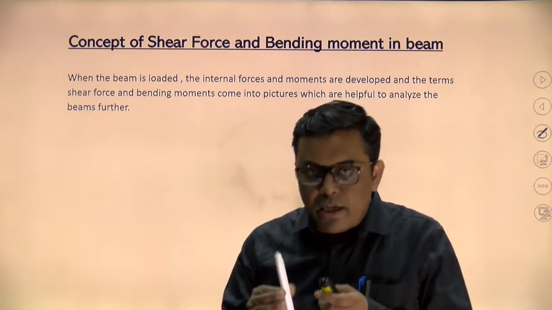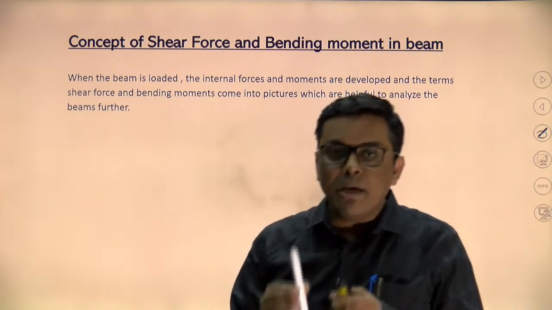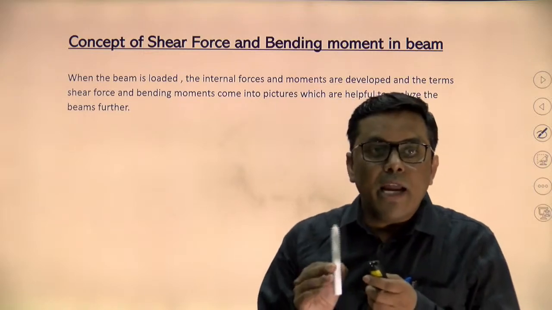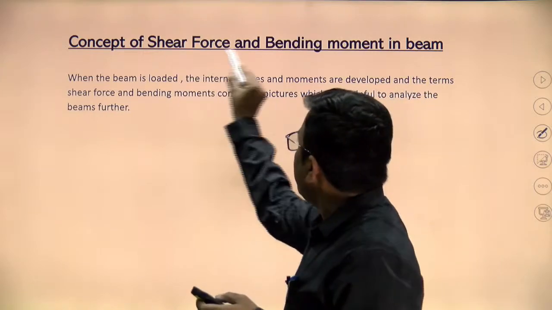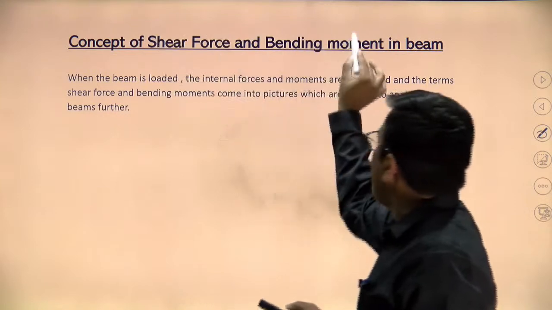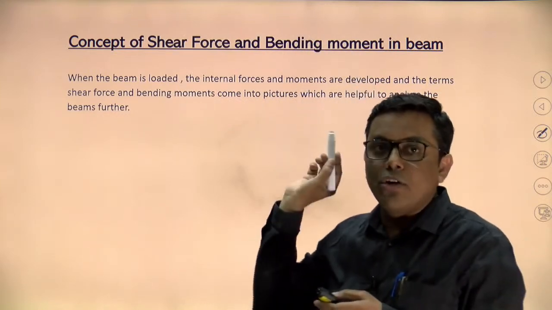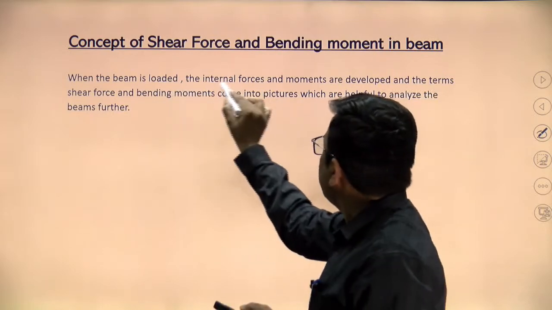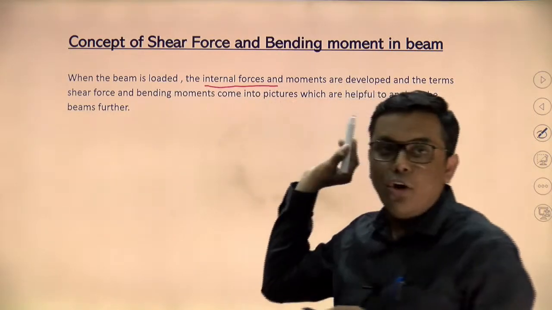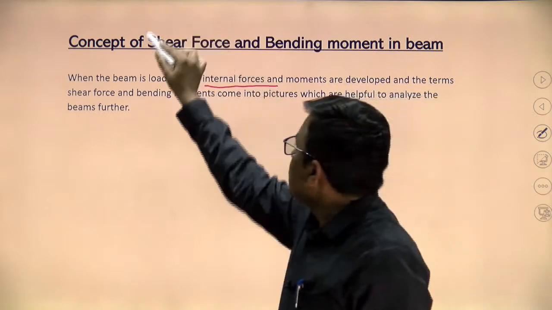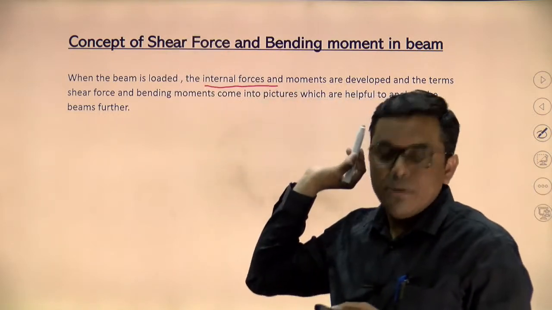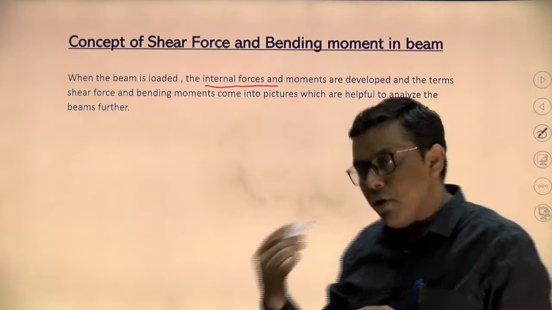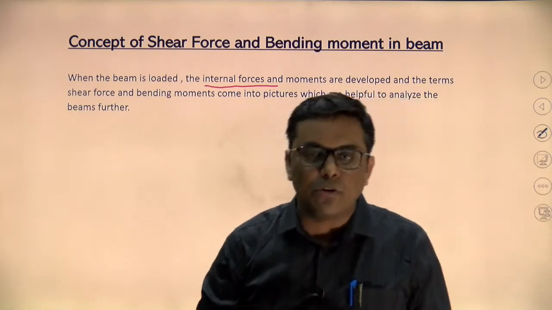These are the external effects which a beam has to support, and it will be supported in the manner of shear force and bending moment. The internal resistance which the beam material offers against these external causes is what shear force and bending moment are. I already discussed this in my previous 2 lectures also.